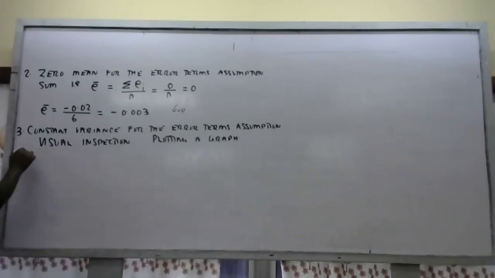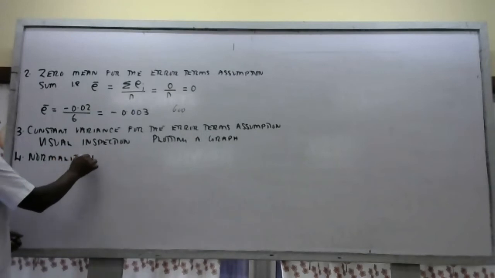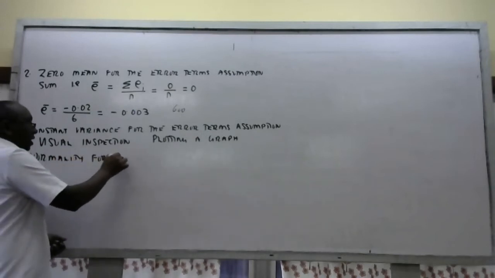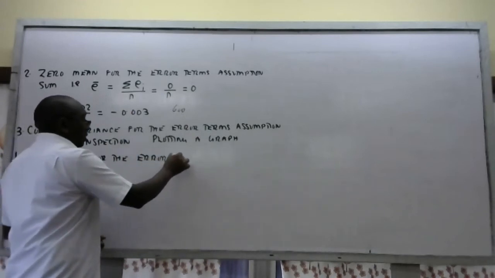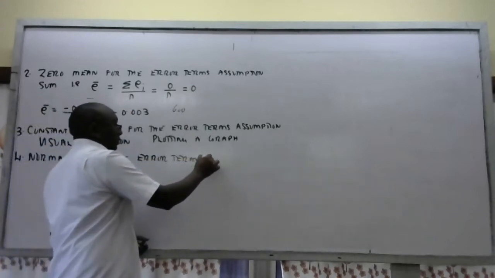Okay, the next one is called normality. Normality for the error terms assumption.